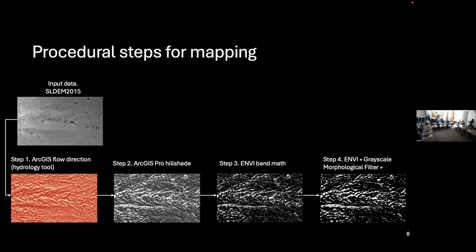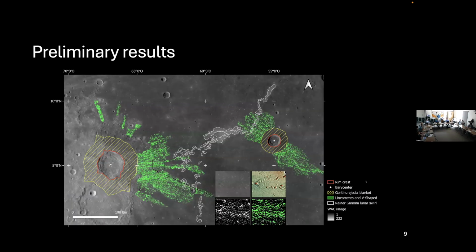So are you trying to use the ejecta patterns to understand the formation of the Reiner Gamma swirl?